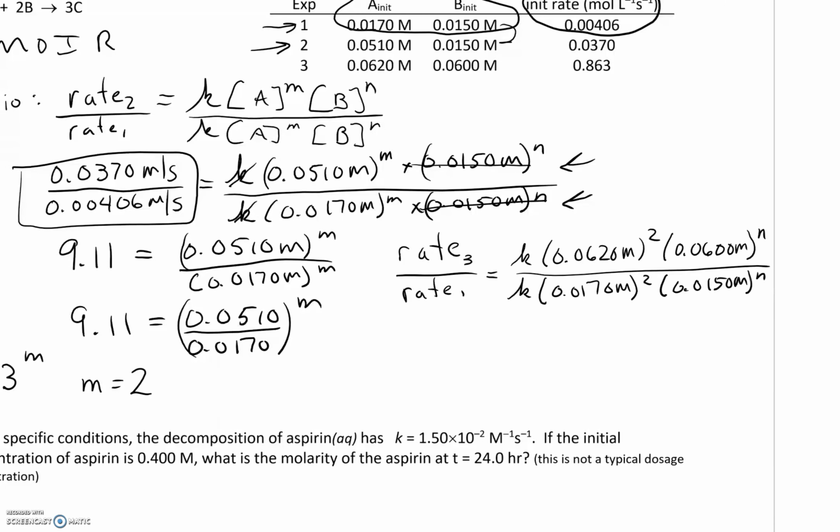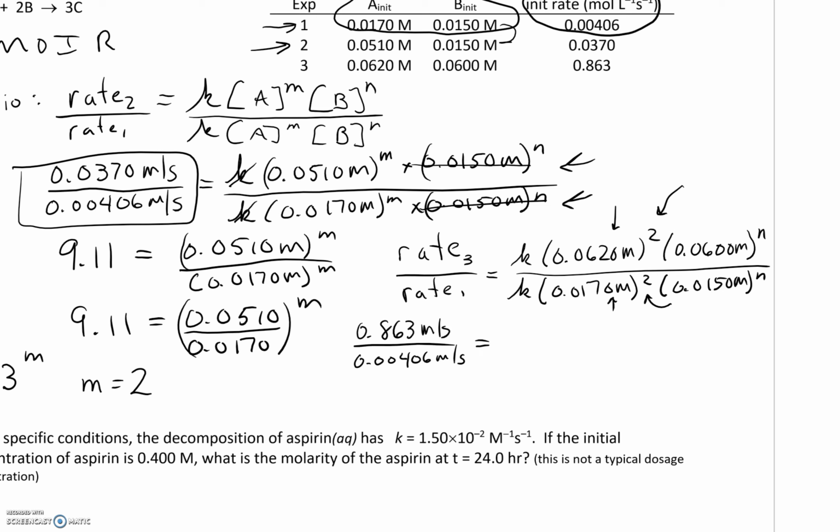So you can see I've got the relationship between the rate of experiment 3 to the rate of experiment 1, and I've used the concentrations from the above table, including the exponent for reactant A, which I determined in the first step of the problem. Notice that we don't need the concentration of A to be the same in both cases, because we know the exponent. We can just do the math now that we have the exponent and figure things out from there.